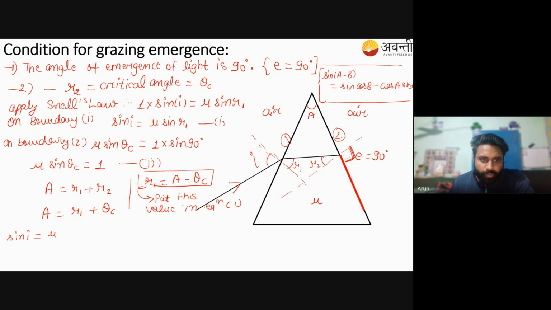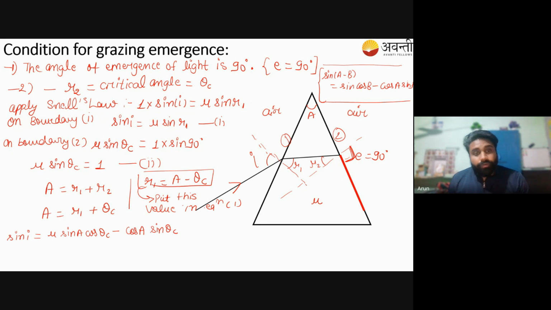So applying the formula, sin A cos theta c minus cos A sin theta c. Got it? And from equation number 2, you will see that sin theta c is nothing but 1 upon mu.